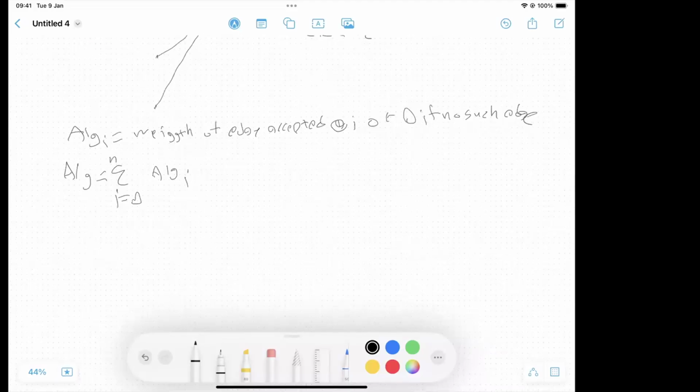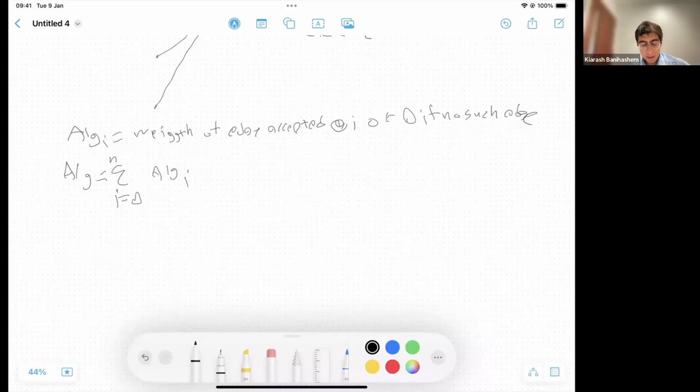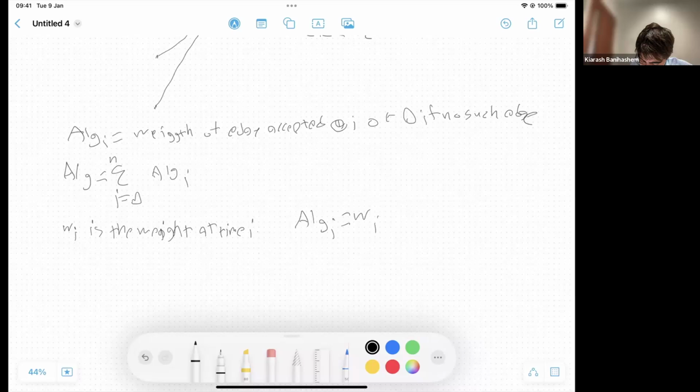Here by alg, essentially I mean the weight of the edge accepted at time I. So if let's say Wi is the weight at time I, then the algorithm is Wi times the indicator that Wi is accepted.